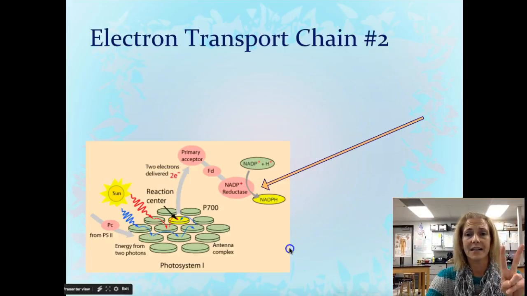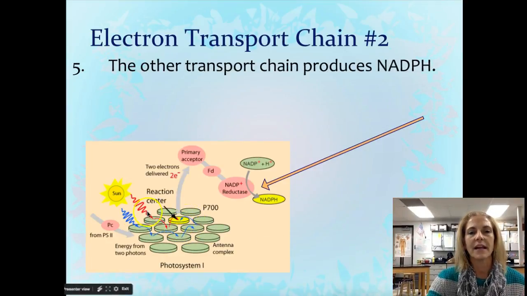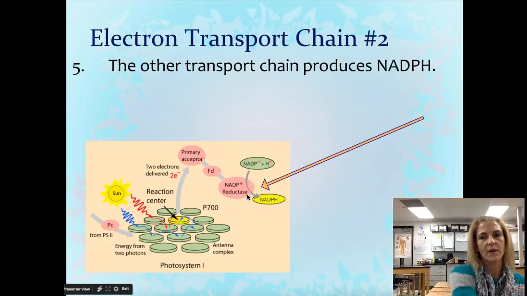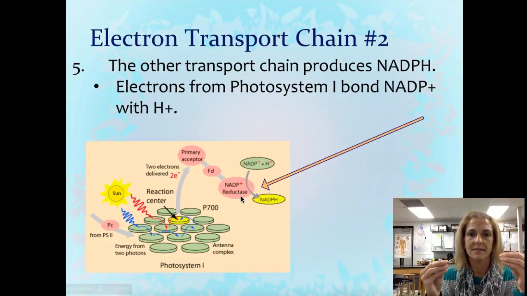The second electron transport chain is a similar concept. It comes out of the second photosystem that we were talking about. Electrons are excited, they jump out, and they go into this protein channel where they're moved from one protein to another. Ultimately, these electrons take part in a bond. Bonds are made of electrons, right?